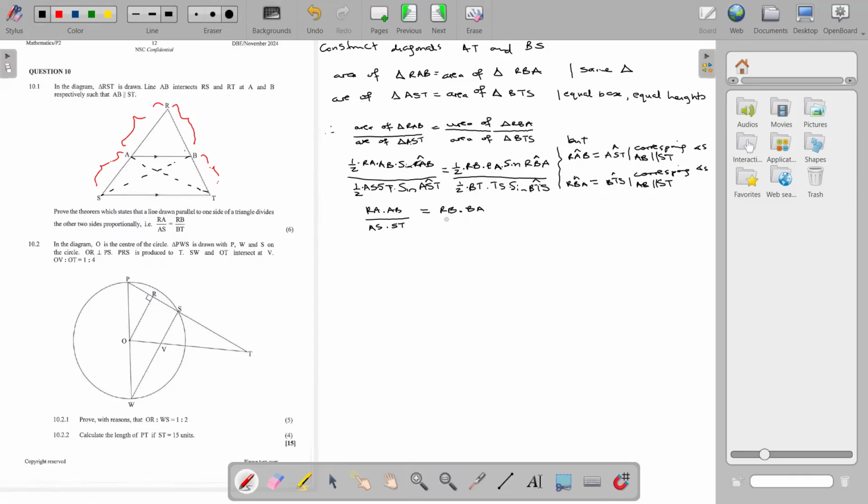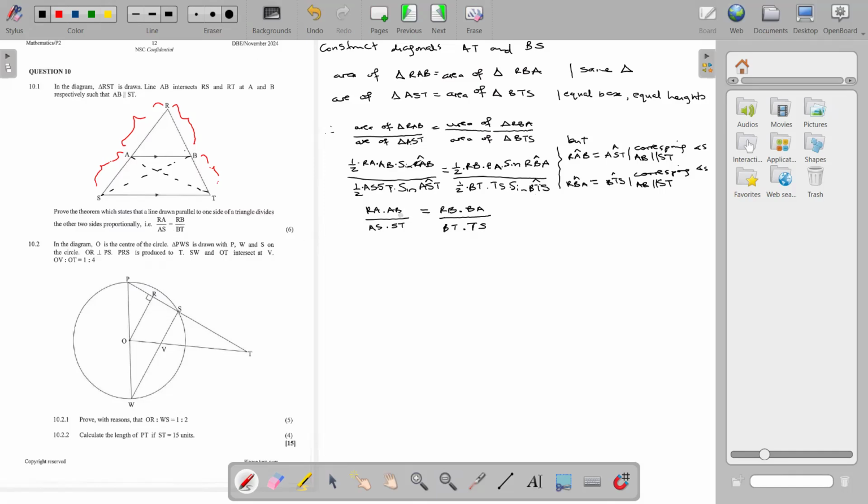But we proved that angle RBA is equal to angle BTS. Therefore, these again will cancel out. So you'll be left on the denominator with BT multiplied by TS. Then from here, you need to revisit your algebra so that you come to this ratio.